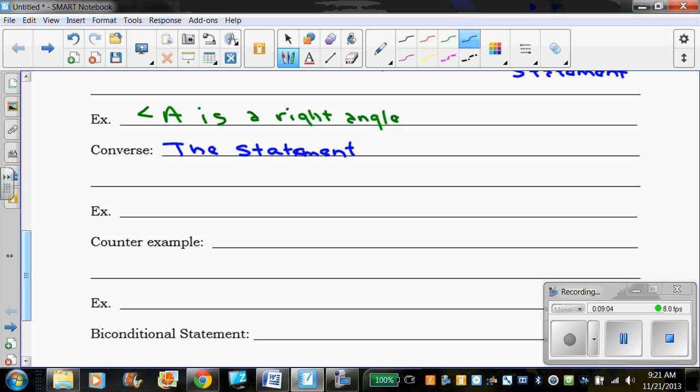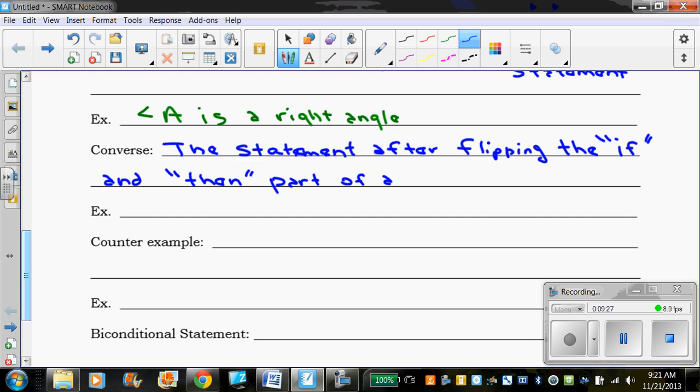So the statement after flipping the if and then part of a conditional statement.